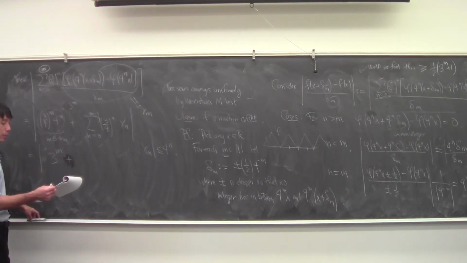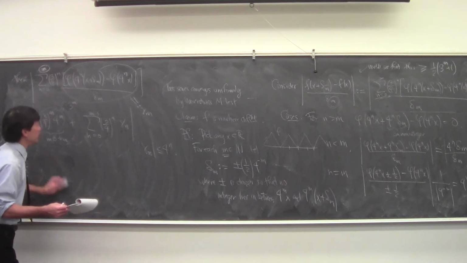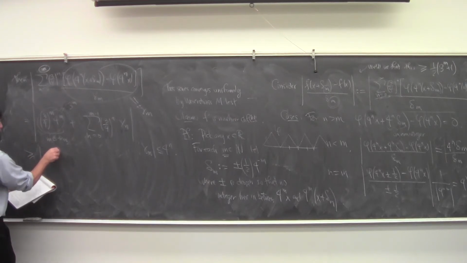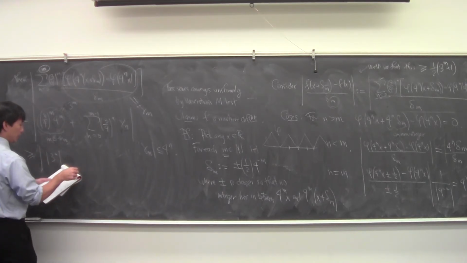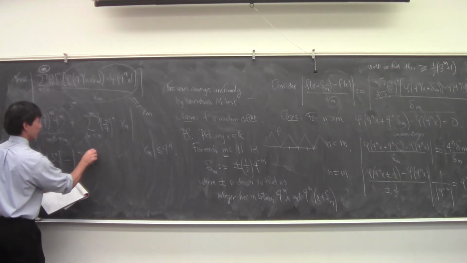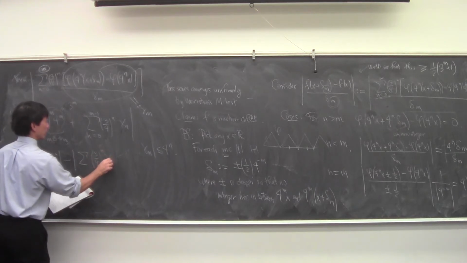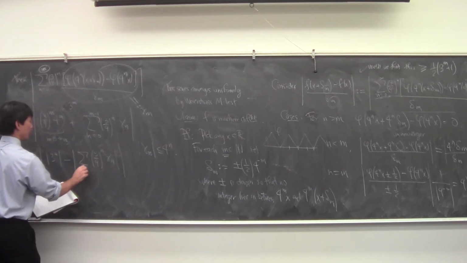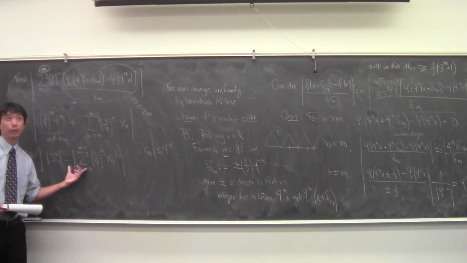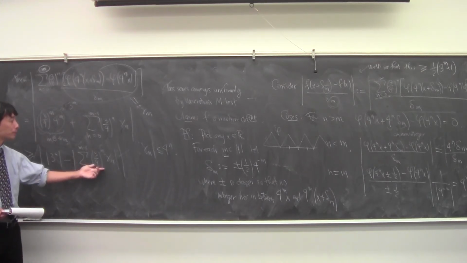So I'm going to use the reverse triangle inequality and say this is greater than or equal to 3 to the m minus this thing from n equals 0 to m minus 1. So I use the opposite side of the triangle inequality, I get this.